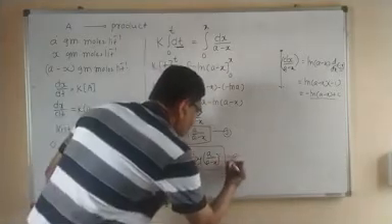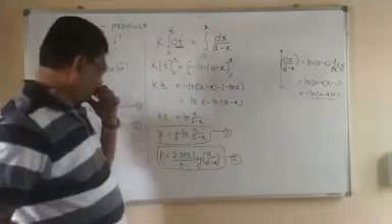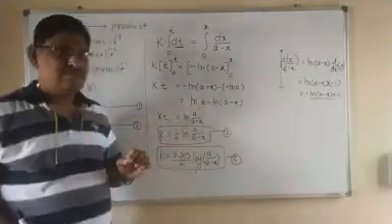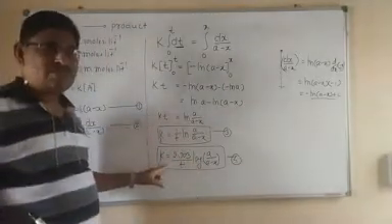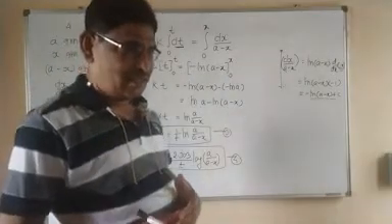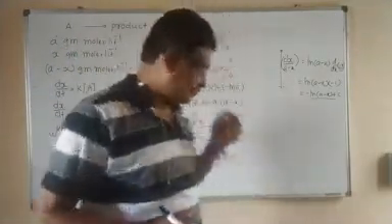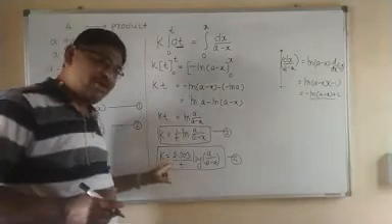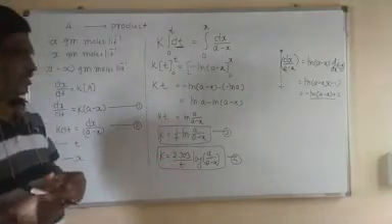Number 4. This equation is the expression for rate constant for first order reaction, or it may also be called the integrated rate law for the first order reaction. Very simple case.